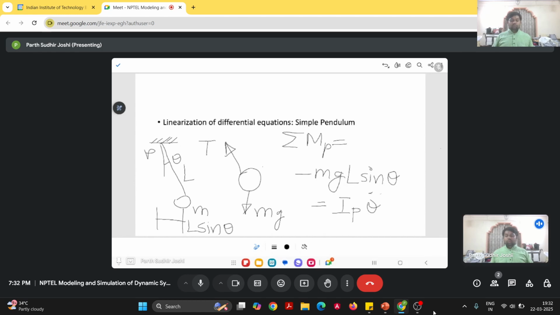So what would be the moment of inertia about the pivot P? We consider that this mass small m is a point mass, so the moment of inertia about the pivot will be m L squared, assuming the rod is massless.